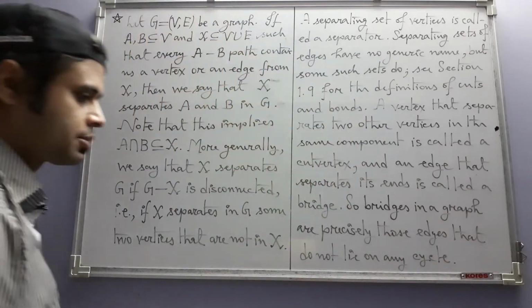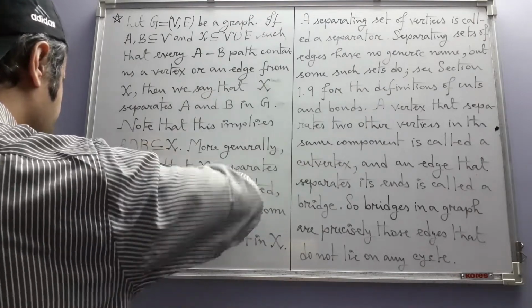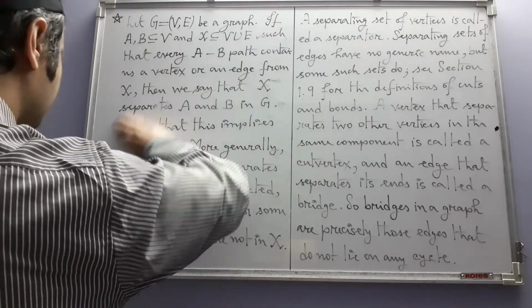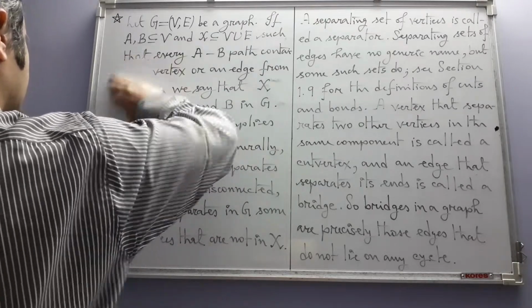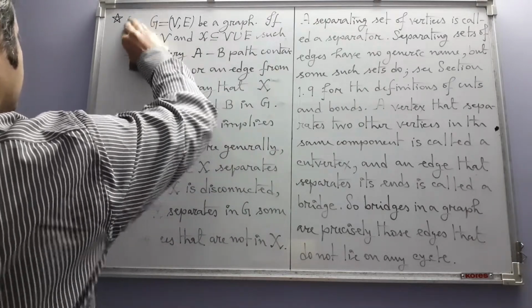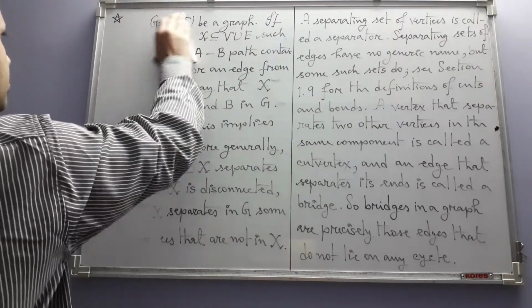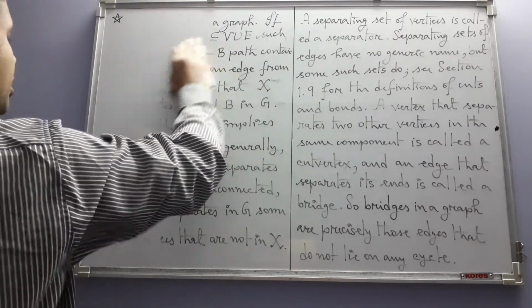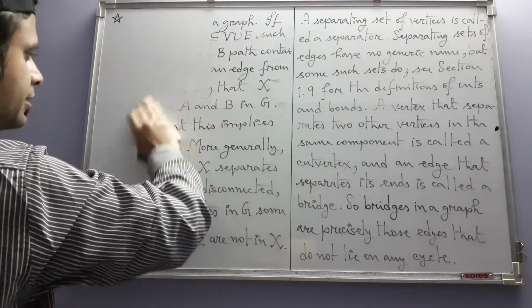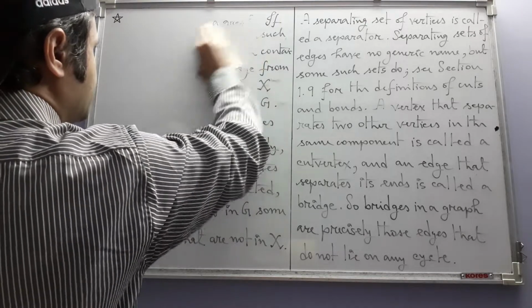That is because if your edge is lying on a cycle, then its removal will not make the graph disconnected, unless of course the graph has only two vertices. But if it belongs to a cycle, then it cannot have only two vertices. It should have more than two vertices.